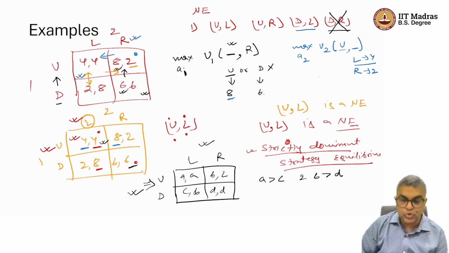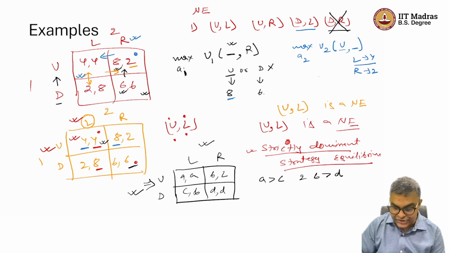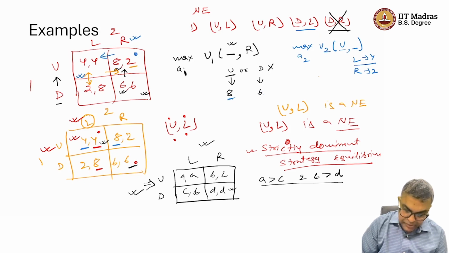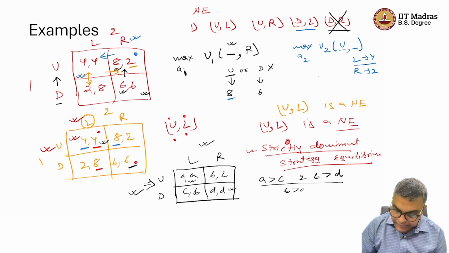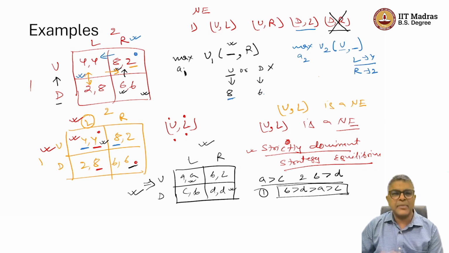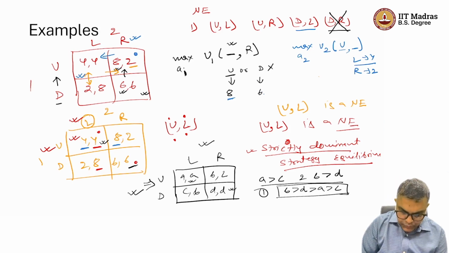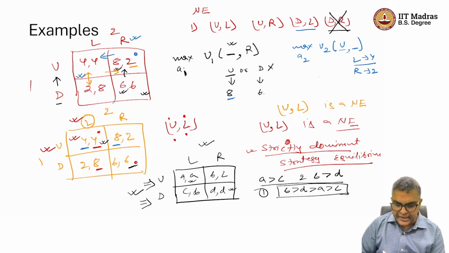If you want U to be a strictly dominant strategy, then this is the requirement. And you want this outcome to be better than this outcome, so the requirement would be B comma D, but D has to be better than A, and A is already better than C. So, this is the requirement. This is one possibility, but what is so special about U? We can make even D the dominant strategy, and when will it happen?